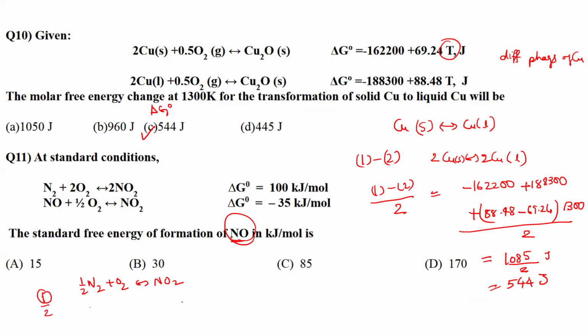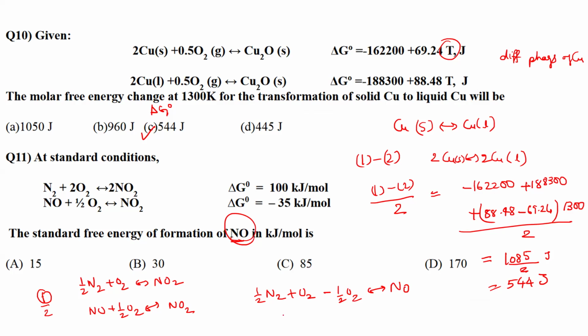And if I subtract, I'm going to get half N2 plus O2 minus half O2 gives me NO. Okay, so this is how I'm getting the NO into the RHS.